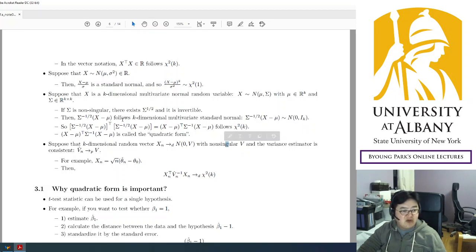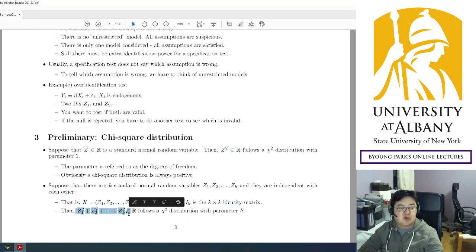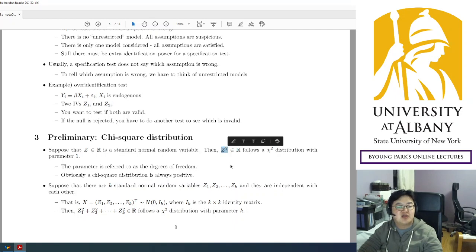And if you read it more carefully, you can deduce that it can be written in this way, and it's called the quadratic form. It is called quadratic form because conceptually it is equivalent to a sum of squares, or in a more compact interpretation, it can be understood as a square. So basically, everything is coming from square.